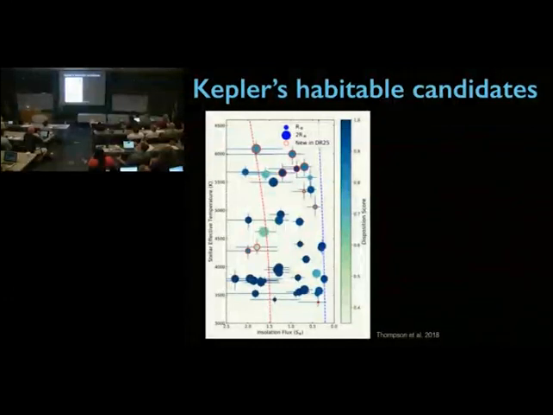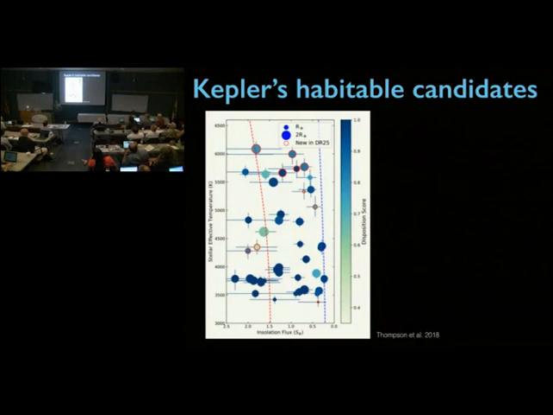The size of the dot corresponds to the size of the planet, and then the color of the dot corresponds to how secure of a detection it is. This is an important distinction because, for example, these planets are not as secure detections as the ones that are darker here.